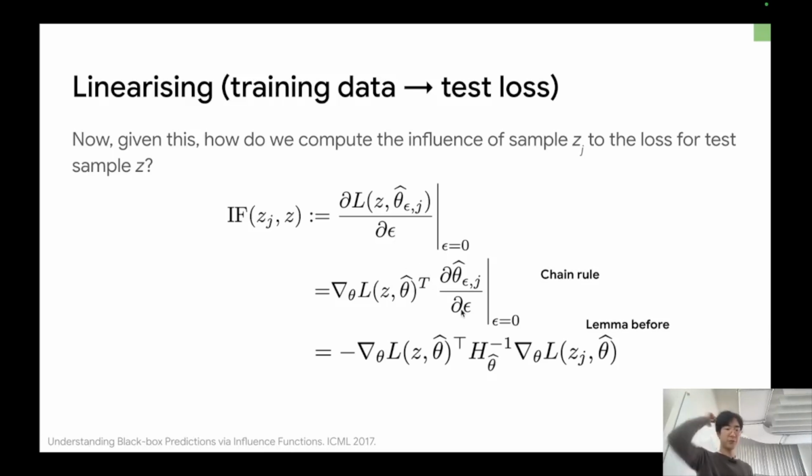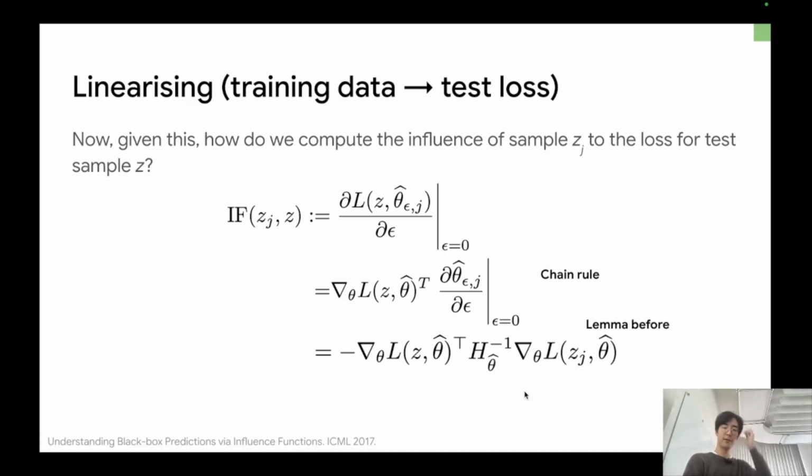First, the derivative of L against theta, evaluated at epsilon equals 0, which is exactly theta hat. And then the dot product between that and the rest of it, which is the derivative of theta hat against epsilon, which is what we got from the lemma before.